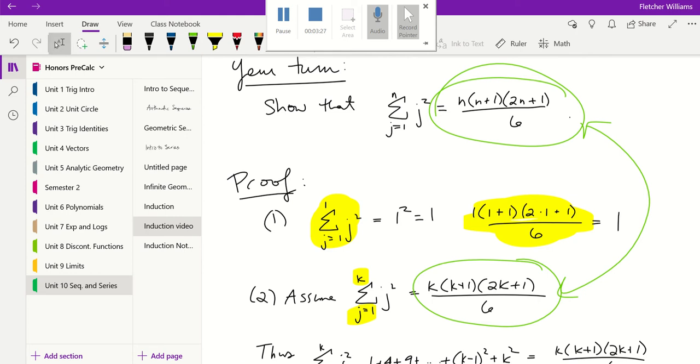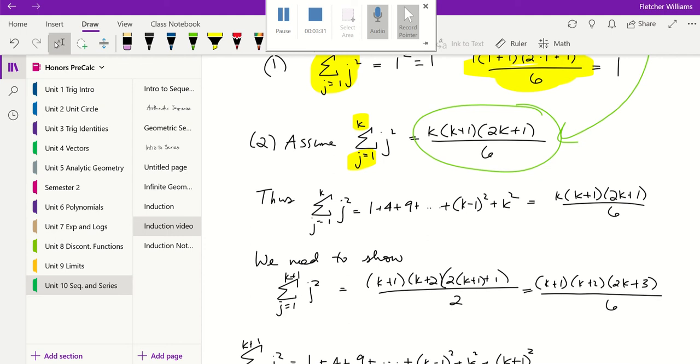And then we realize, okay, well, that's what we're assuming. What we need to show from that is, this is what we need to show. We need to show that this piece from 1 to k plus 1 equals just plugging k plus 1 into it all. That's the idea.